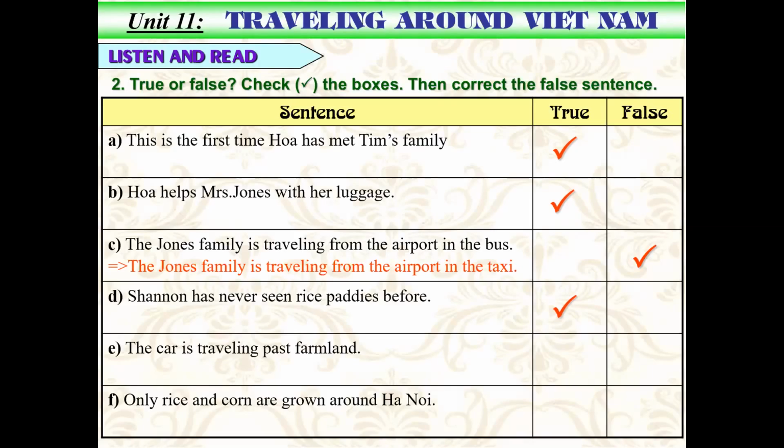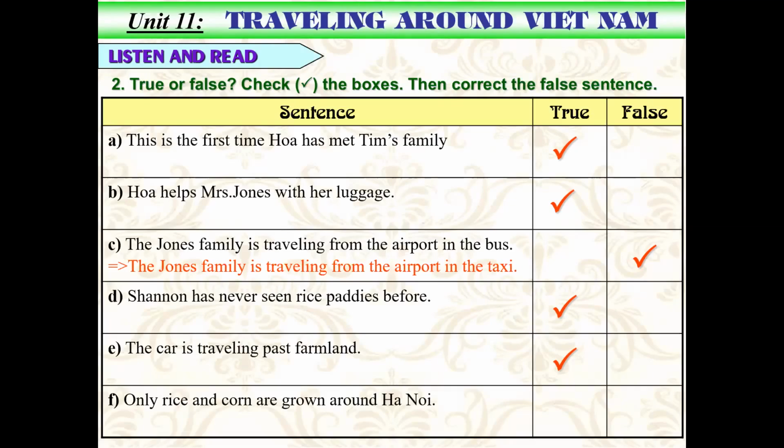Shannon asked Hoa, "Are those rice paddies, Hoa?" Now look at sentence E. The keywords are car, traveling, past farmland. Is it true too? Because Hoa is saying about corn and sugar cane.